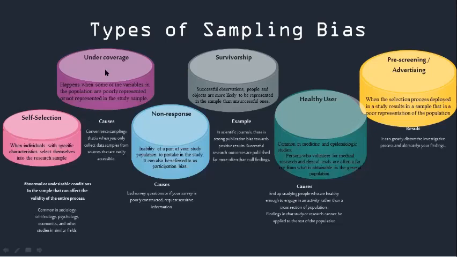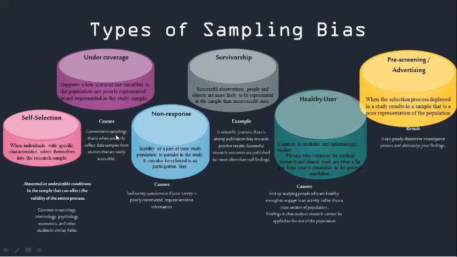Under coverage happens when the population is poorly represented, or not represented at all, in the study sample. Maybe certain parts, some facets of the population, have not been represented in the sample. This occurs because of convenience sampling.